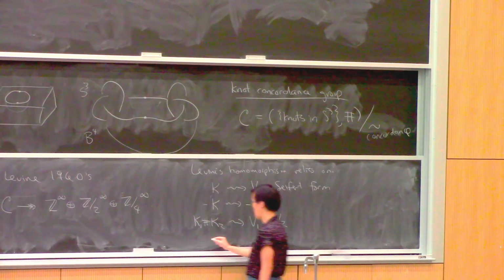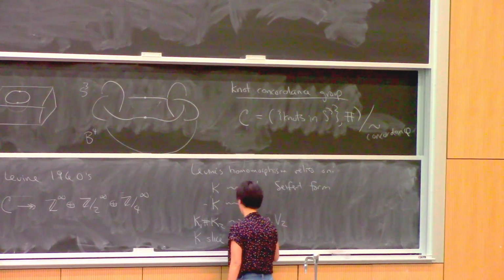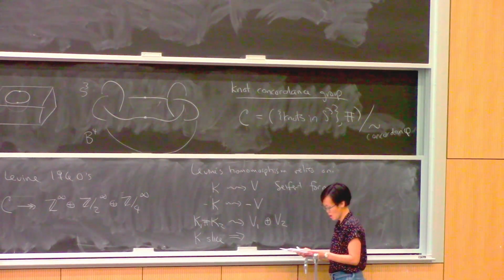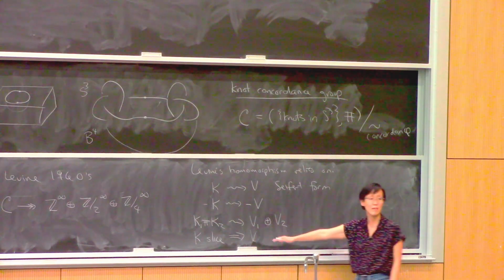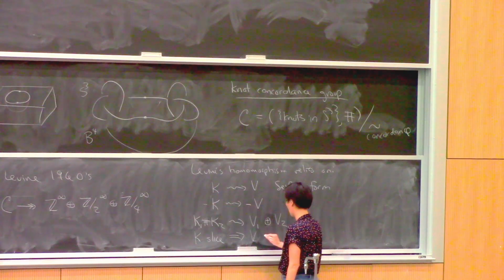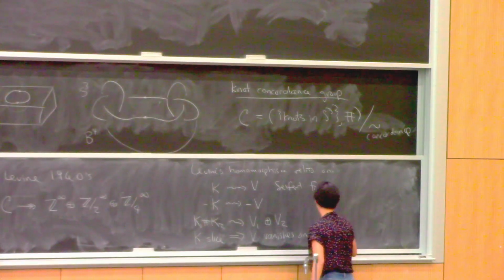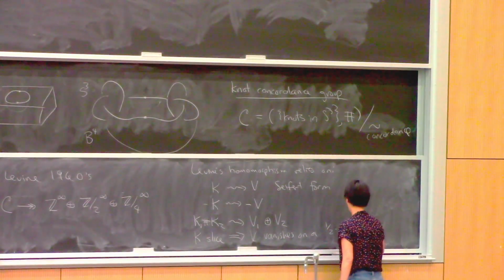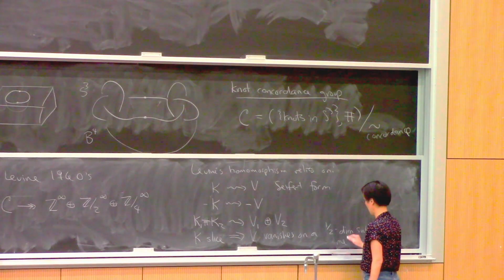And then lastly, if your knot is sliced, so if your knot is the trivial element in the concordance group, then it turns out that this bilinear form B has a nice algebraic property. That property is that it's metabolic, which means that it vanishes on a half-dimensional space. So that's called being metabolic.